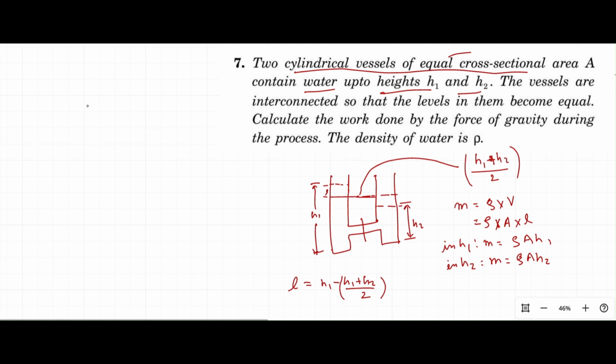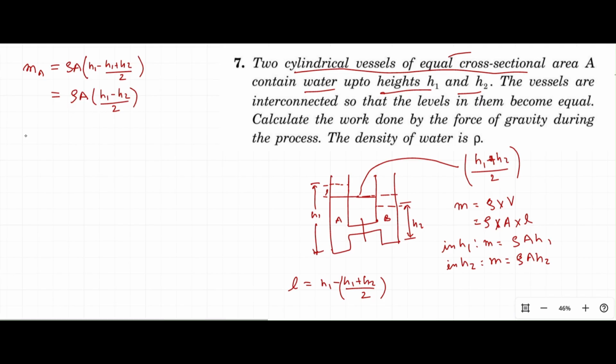So can we write the mass of this volume of water which descended? Suppose let us call this A and let us call this B. So the decline in mass of water in column A is equal to rho A into (H1 minus (H1 plus H2) by 2), which is equivalent to rho A (H1 minus H2) by 2.